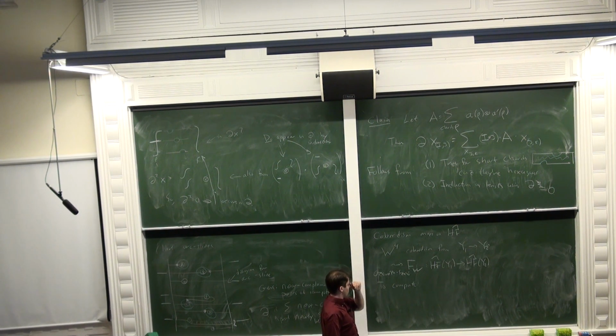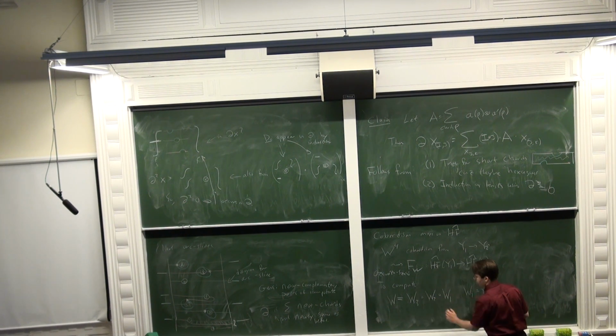how is the map defined? Well, the map is defined in 3 stages. You decompose W as W3 composed with W2 composed with W1, where the Wi are handle additions. You get them by gluing on 1-handles, 2-handles, and 3-handles.